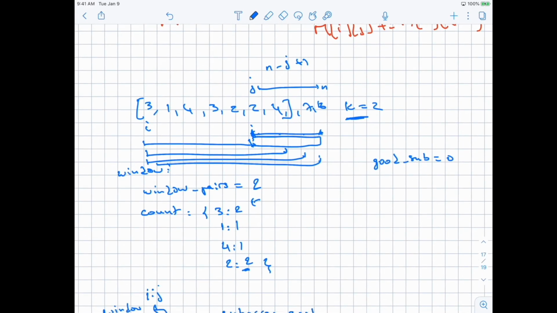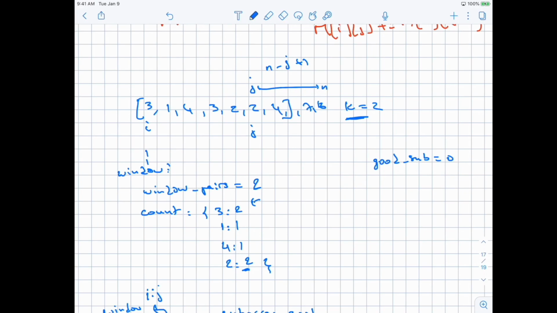Because as I said, we can create this one, and this one ending at 4. If we had other numbers like 7, we need to include the one ending at it, and then the one ending at 8. This is because if you have a good subarray and you expand more, you would only get a good subarray, right? Okay, so I hope that was clear.